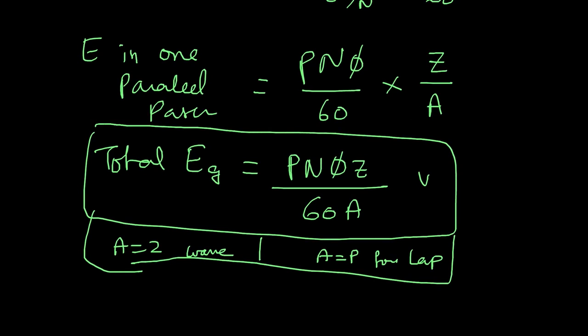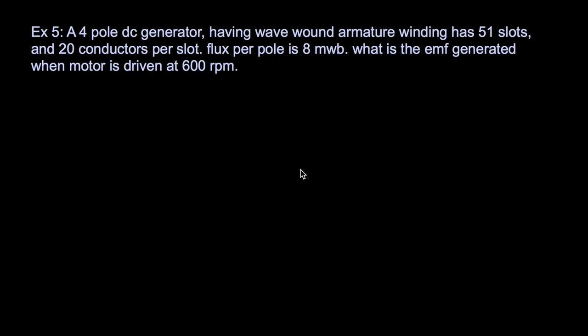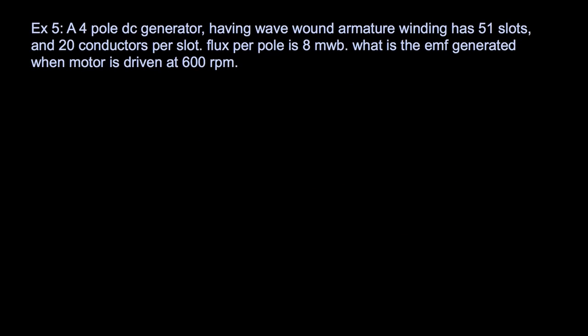Let's work out some problems on this. Based on the previous explanation, let's try to solve this problem. The data given: a 4-pole DC generator, therefore P equals 4, having a wave wound armature winding.